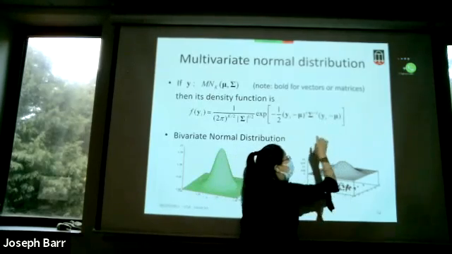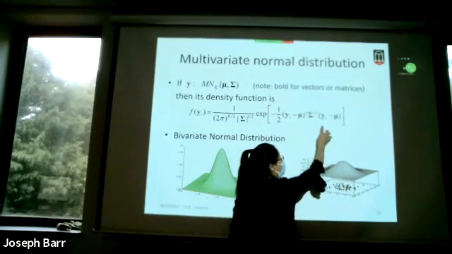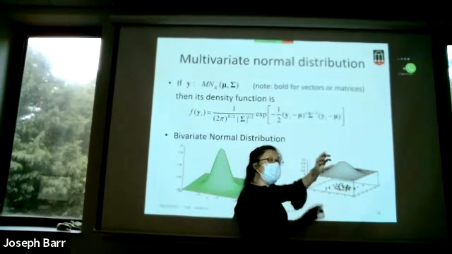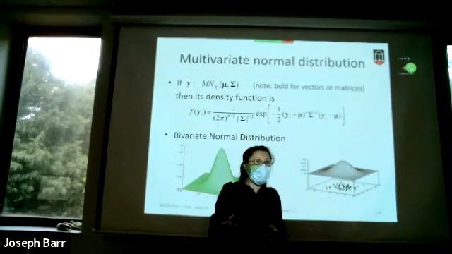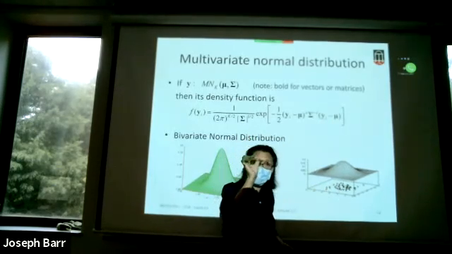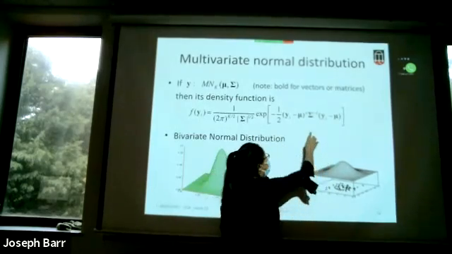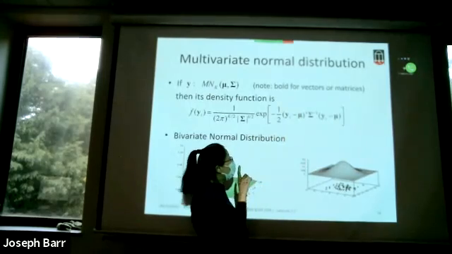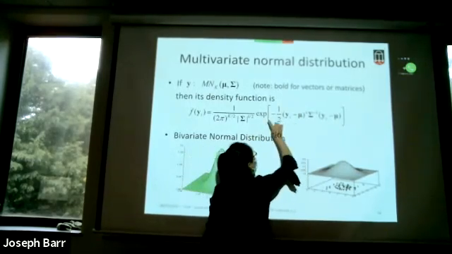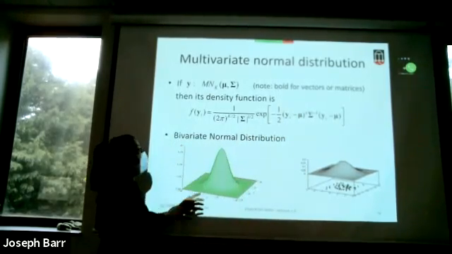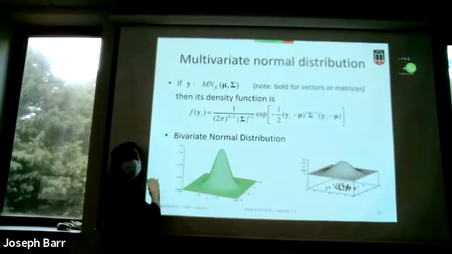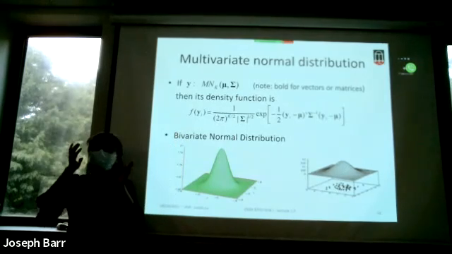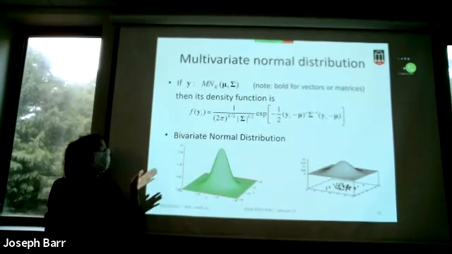And then times the column vector, the difference between y and mu. So a row vector times a matrix times a column vector. Finally, we have one scalar. And times negative 1/2. That's the power of the exponential, and you do the calculation. Finally, you have the density, the probability. Again, the probability is between 0 and 1.